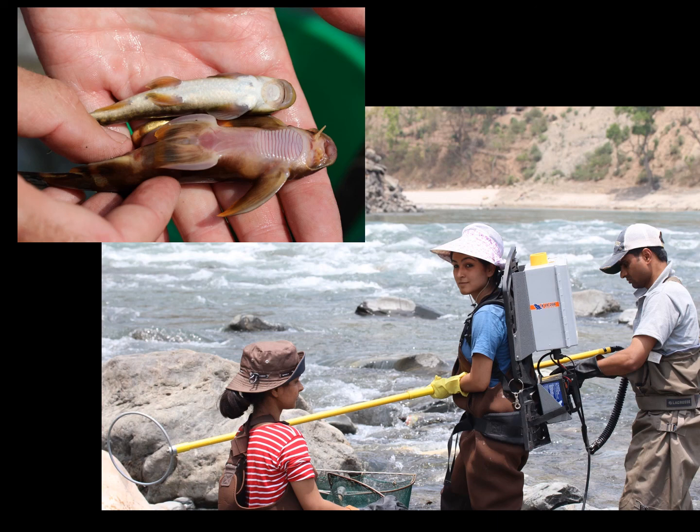So the catfish on the bottom has those grooves on its ventral surface, which it uses as a suction cup to latch onto rocks. And the fish just above that also has a suction cup below its jaw that it uses to attach to rocks. So you kind of see the morphological adaptations of the fish to live in this part of the river. Clearly, this kind of rapid habitat would go away if you created a dam.